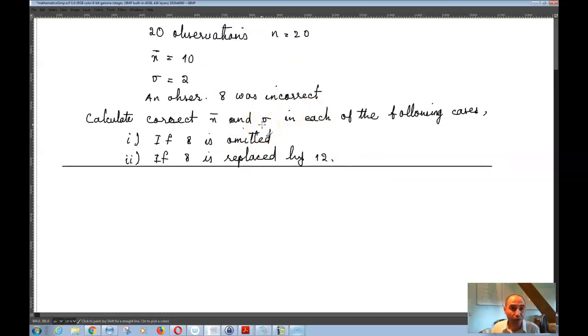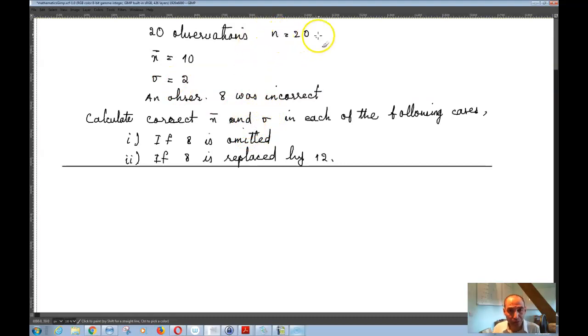So you have 20 observations, so your n is equal to 20, your X bar is 10, and your sigma, the standard deviation, is 2. Now what we have found out is that an observation 8 was incorrect. And so if I take out this observation 8, what happens to X bar and what happens to sigma? That's what I want to calculate now.